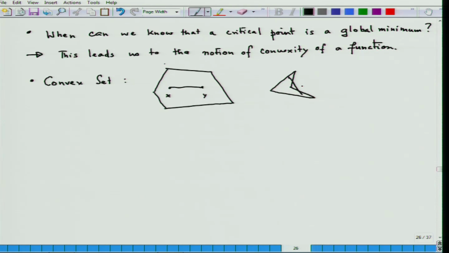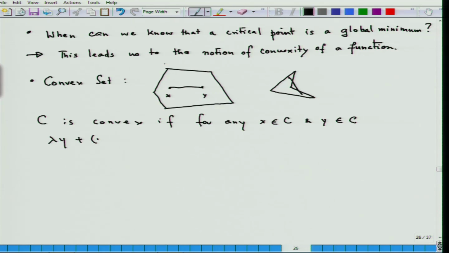So this is given as follows, that C is convex if for any x element of C and any y element of C, lambda y plus 1 minus lambda x is an element of C for each lambda belonging to 0 and 1.